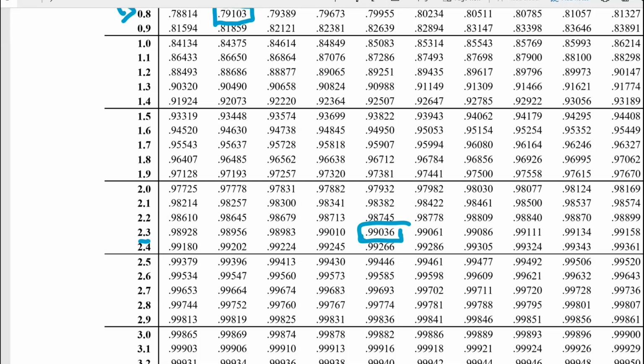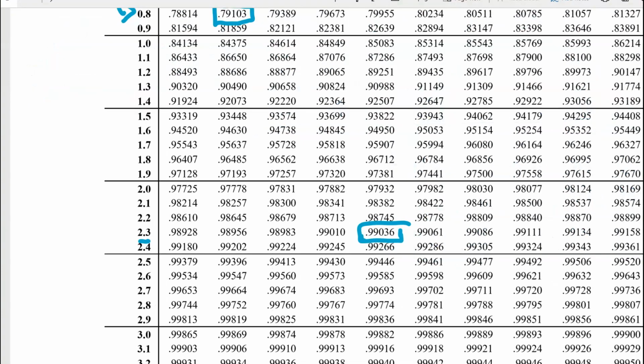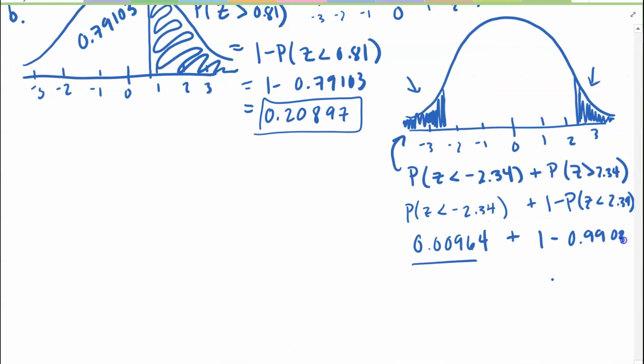It will be. That's all the area below 2.34, and we wanted to find the area above. So stick with me. We'd go 1 minus 0.99036. Okay, there we go. And this is, of course, 0.00964.